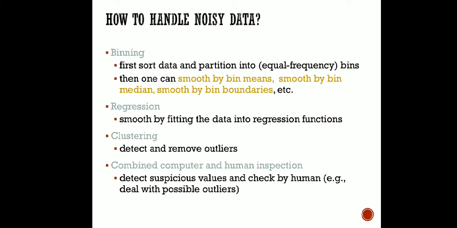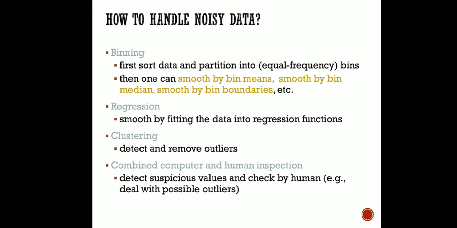Now how to handle this noisy data? Firstly we have one process named binning, but we are not going to learn this process in detail. Rather we will focus on regression and clustering, and we will learn the regression process in detail in classification algorithms and clustering in the unsupervised learning process.